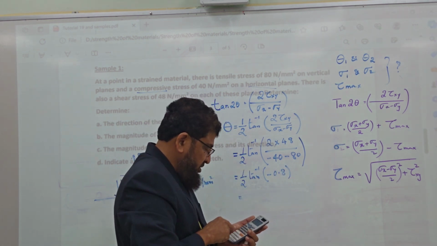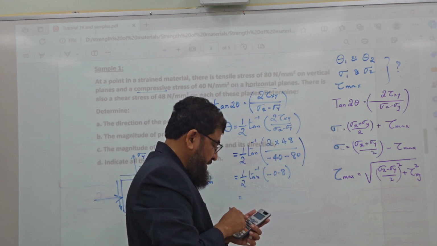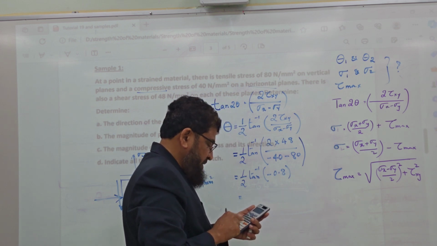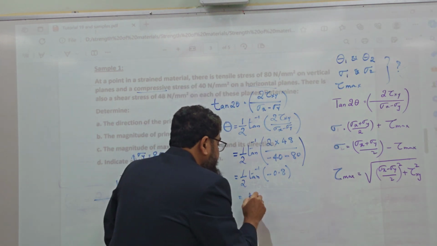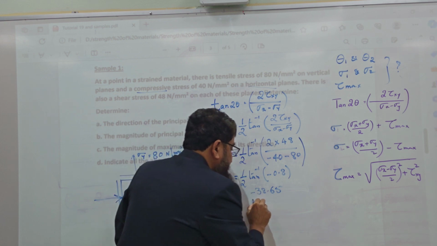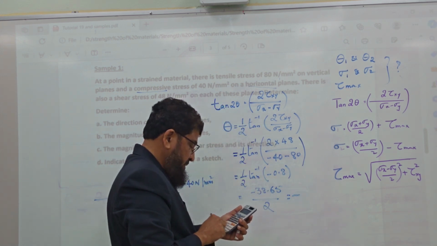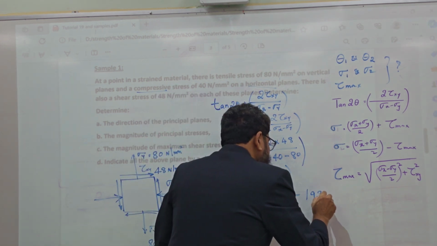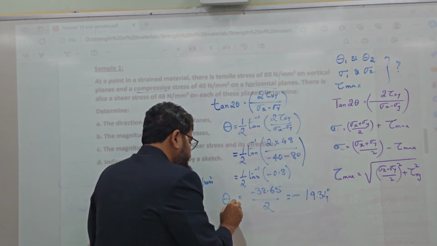Inverse of tan, answer gives me how much? Minus 38.65, and this 2 is there, divide by 2. This gives me how much? Minus 19.34 degrees. This is your theta 1.